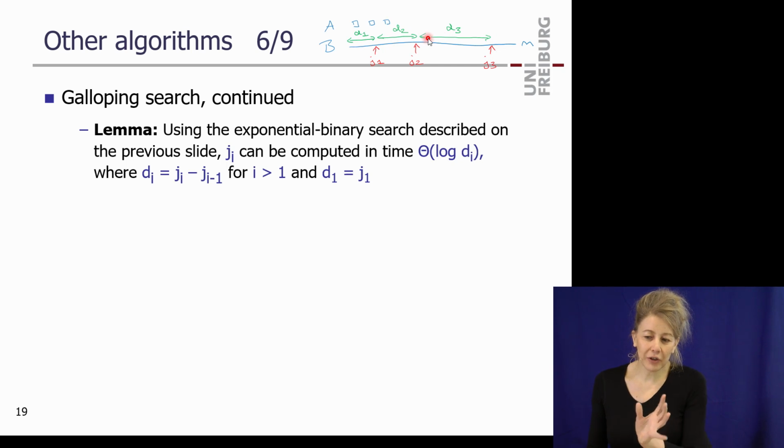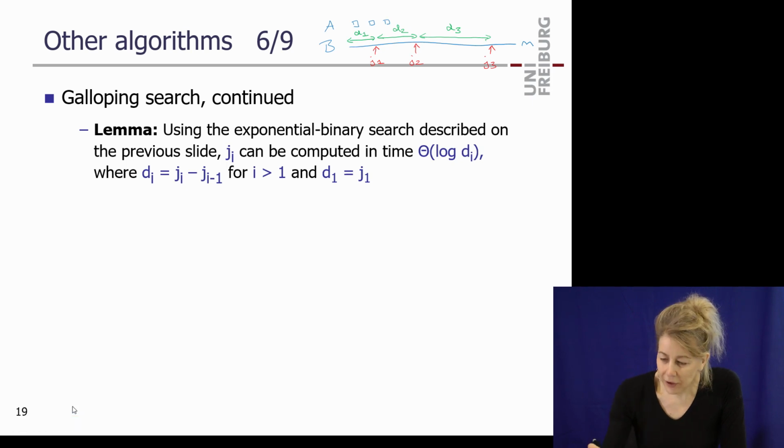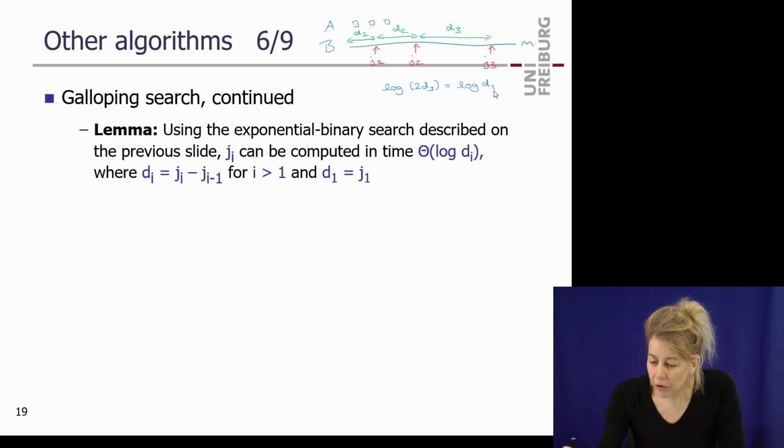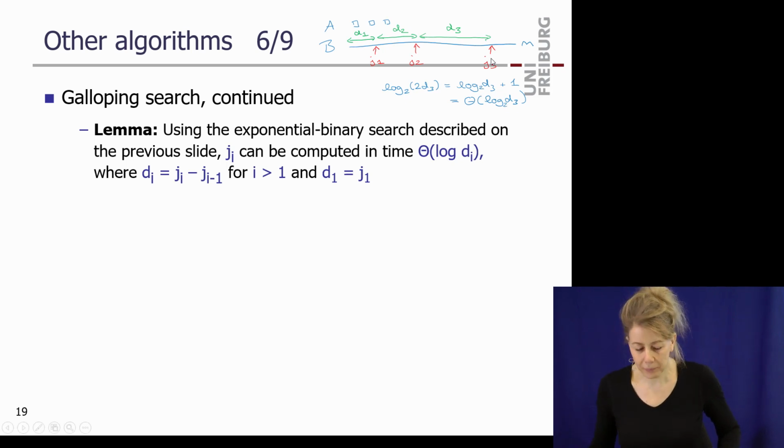Now assume you're searching in a range that's twice as large, so log of 2 D3, and that's just log D3 plus 1, which is also theta of log D3, right? The log of something twice as large is the same in asymptotic notation, because it's just a constant factor difference.